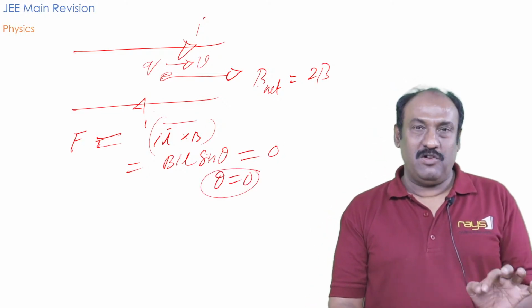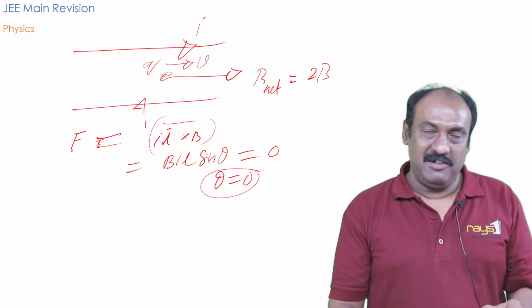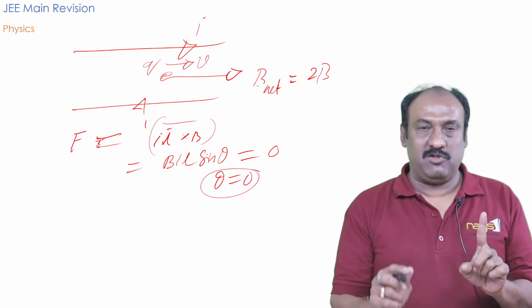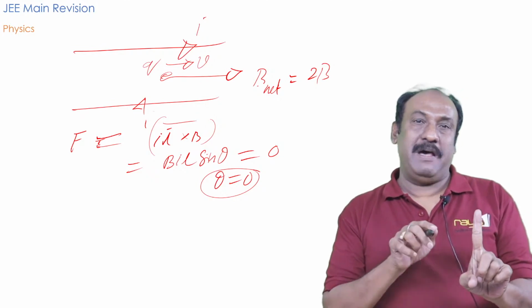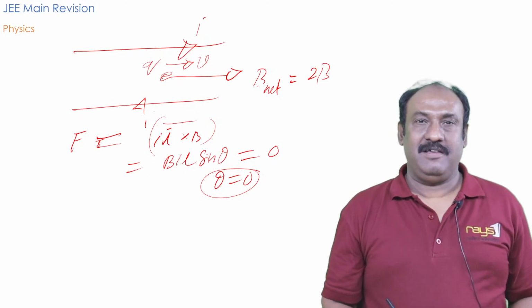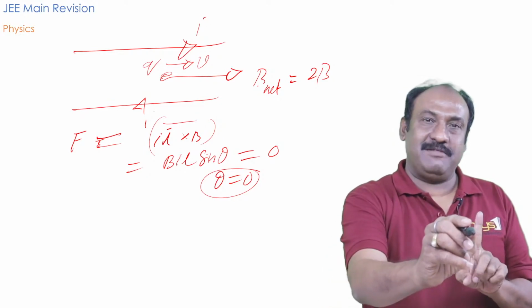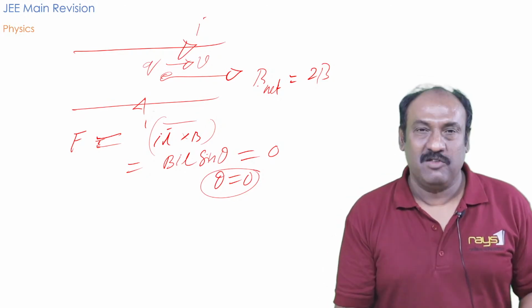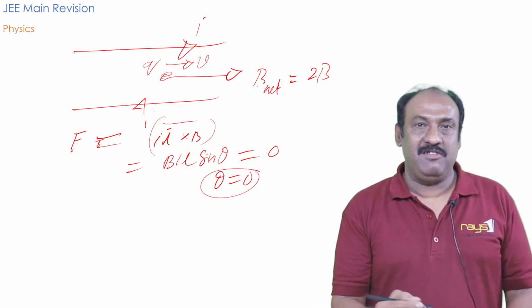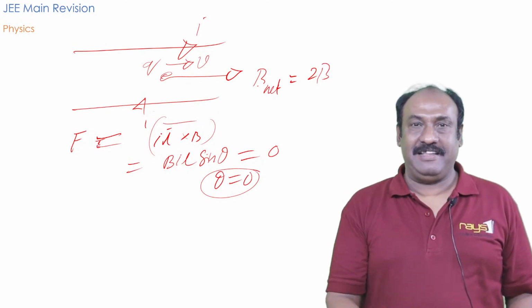So, the force experienced by this charged particle when it is projected at the midpoint of separation of these two wires, in a plane perpendicular to these two wires, is nothing but 0, because the net field is in the direction of the projection of the charged particle. So, the angle made by the velocity of this particle with the net magnetic field is 0. So, BIL sin theta, theta equals 0.